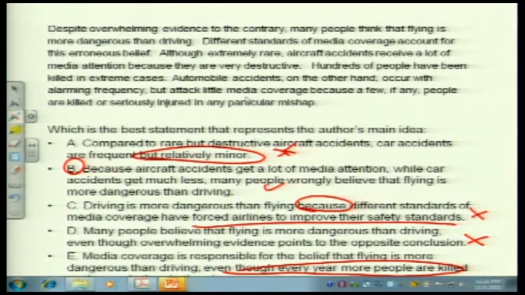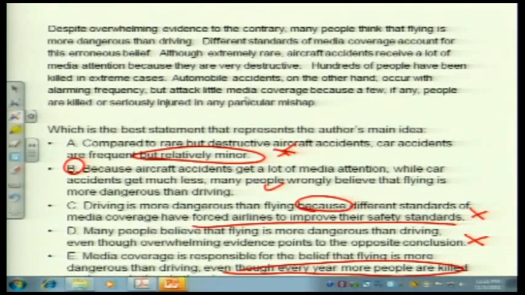Despite overwhelming evidence to the contrary. So that to me is telling me that D is pretty much the same first sentence, just expressed in a different order. Many people believe that flying is more dangerous than driving. That's stated, even though overwhelming. It's just a different order.